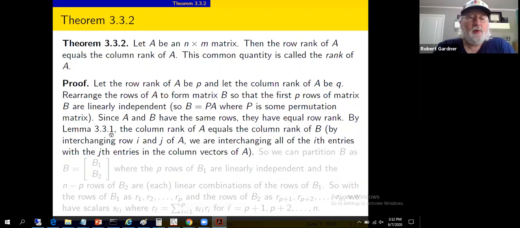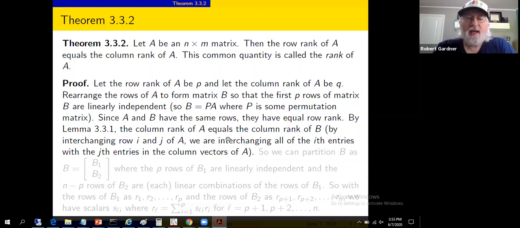That was the lemma we just looked at. By lemma 3.3.1, the column rank of A equals the column rank of B. A and B don't have the same columns, but they have that permuted relationship between their columns, and that's good enough to say that all linear dependence relationships hold.